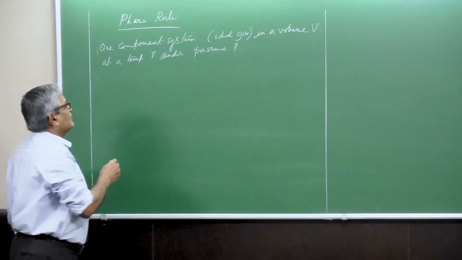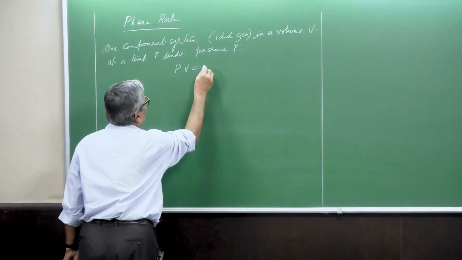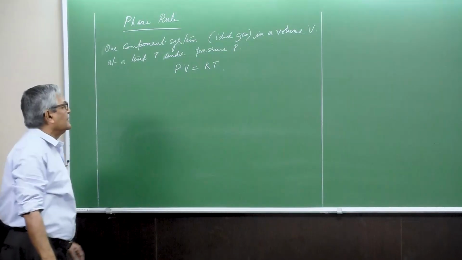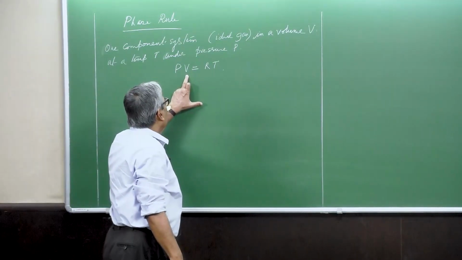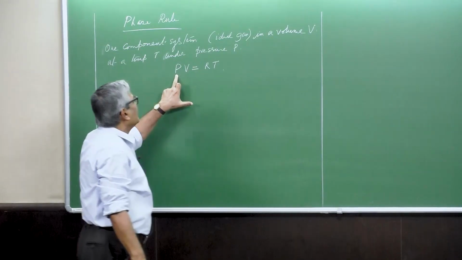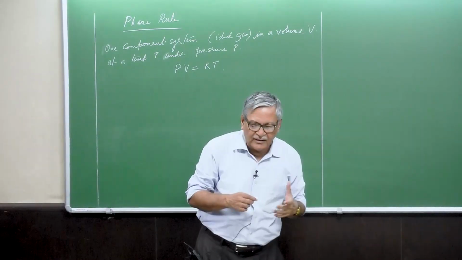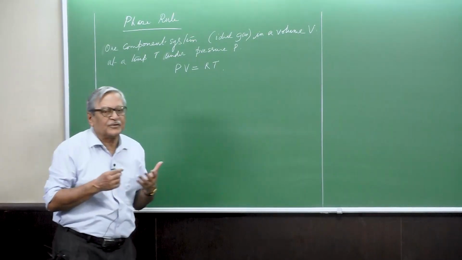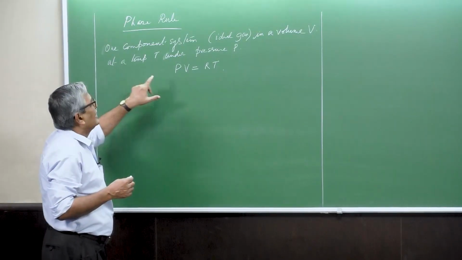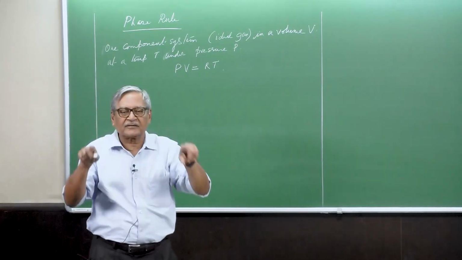And we know that it satisfies an equation like PV equal to RT if we take 1 mole. So what does it mean? If I know the volume and temperature, I can determine P. So out of the 3 variables, I can actually work with 2 independent variables. Even if there are 3 variables, like volume, pressure, temperature, 2 variables are sufficient to describe the state.